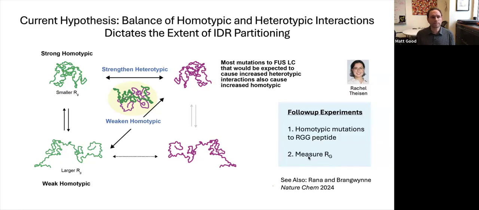And so as a follow-up to this story, we've been working on the idea that if we actually weaken homotypic interactions, we can take 2 polypeptides that normally aren't co-assembling and then get them to assemble. So there's not something radically different about the chemistry of their sequences, but it's the strength of this homotypic interaction that is preventing the two from co-assembling with one another. And this is what another Rachel has been working on as a follow-up.